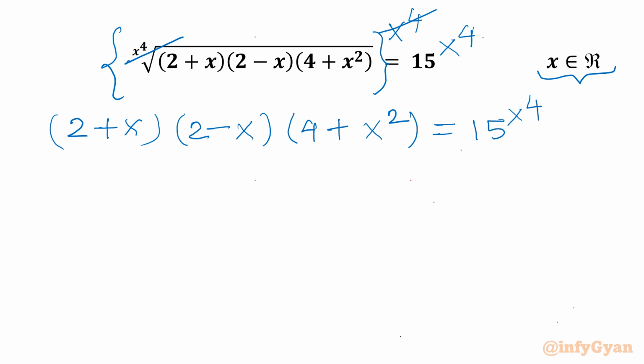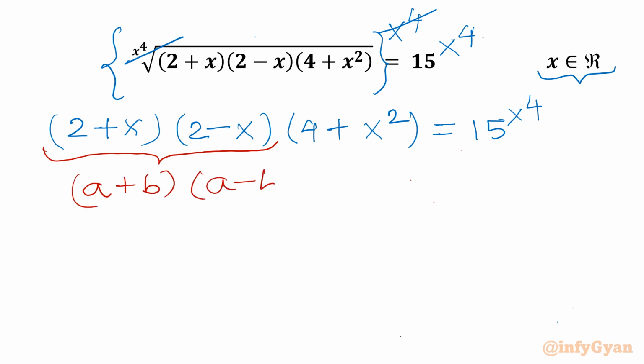Now I can see one algebraic identity is there. We can apply 2 plus x times 2 minus x. So I can write a plus b times a minus b, it will be the difference of two squares. Let's apply.